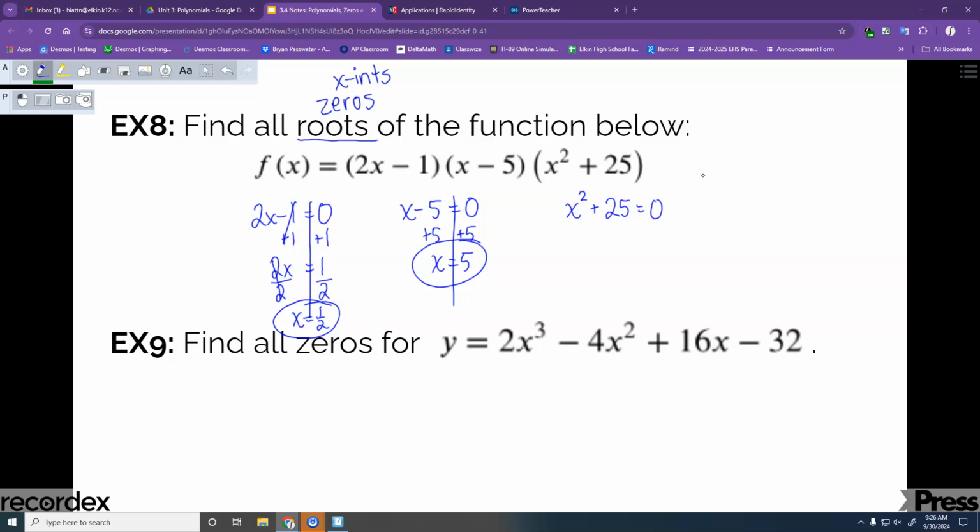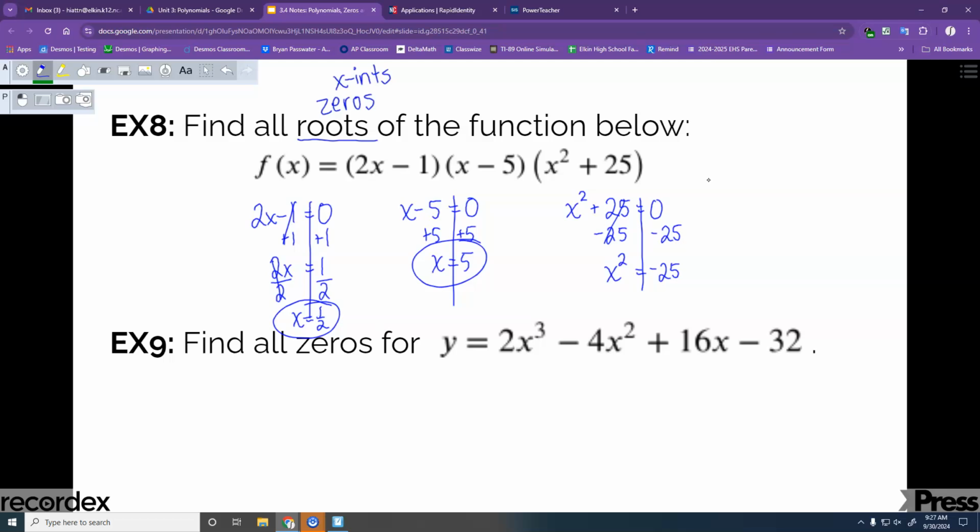All right. Jonas, what do I do for the last one? Very good. We'll subtract that 25, so I'll have x squared equals negative 25. Okay, then what do I have to do? Square root.